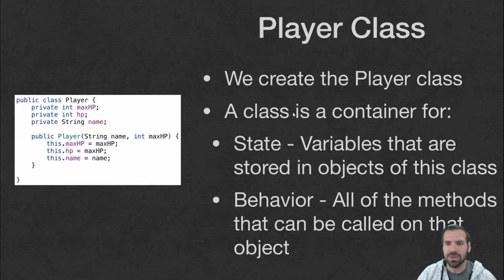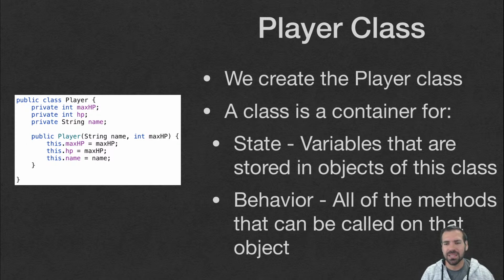So this class is going to be a collection. Every class is a collection of state and behavior, where the state is all the variables associated with objects of that type, and the behavior is all of the methods associated with objects of that type.